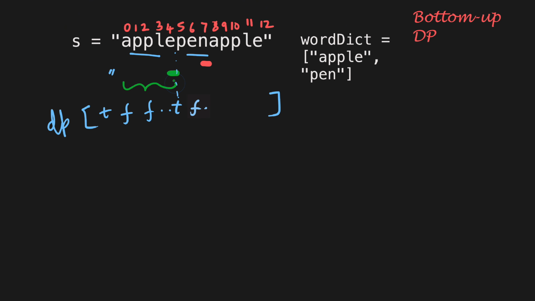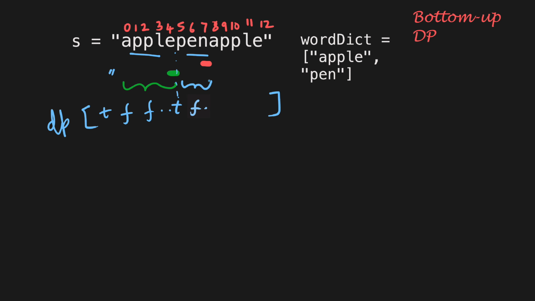And if we find such a segment, then we just need to check if the remaining substring, for example here pen, can be segmented. That is, it exists in the word dictionary. So if both conditions are satisfied, then the entire substring of length I can be segmented, and hence DP of I will be true.